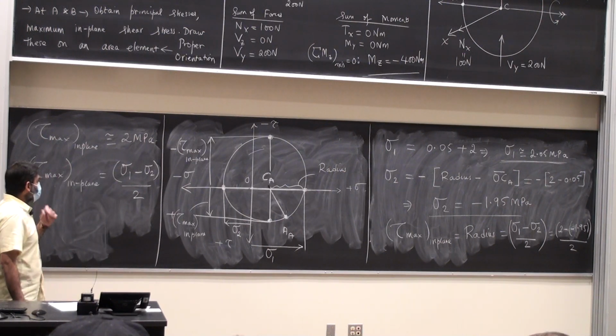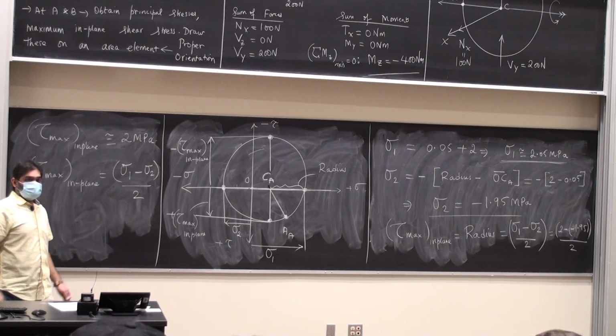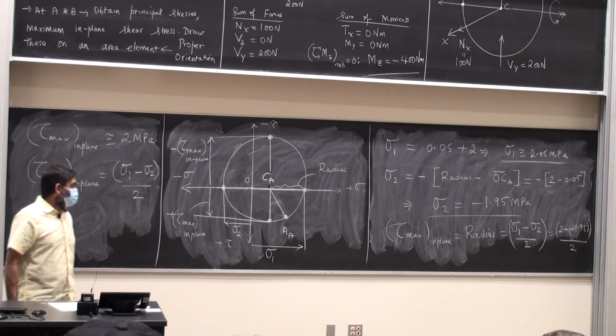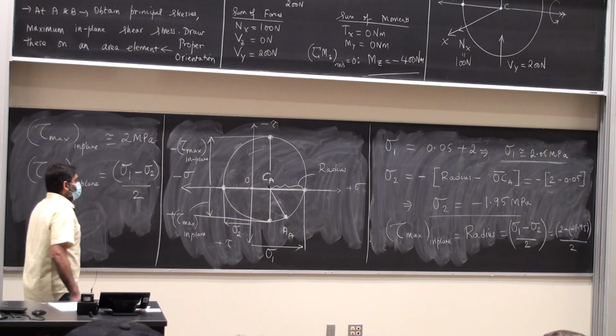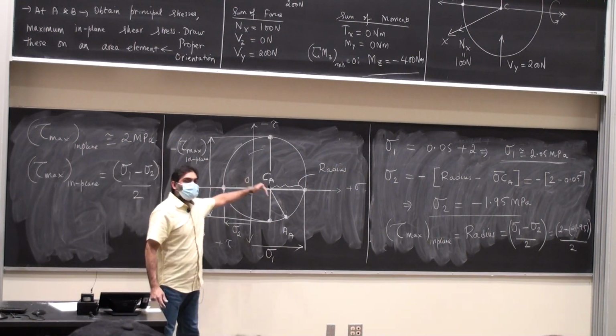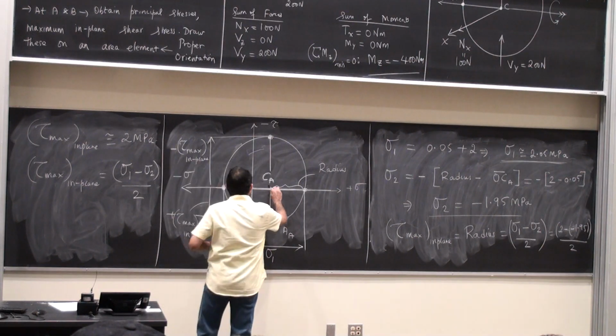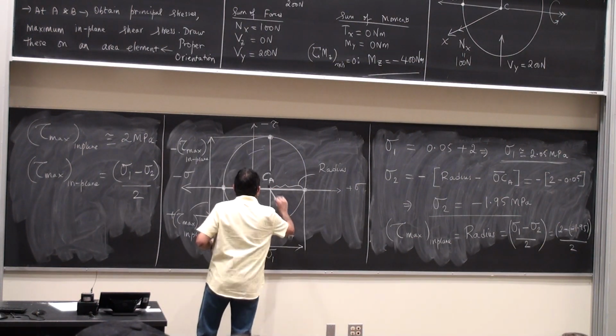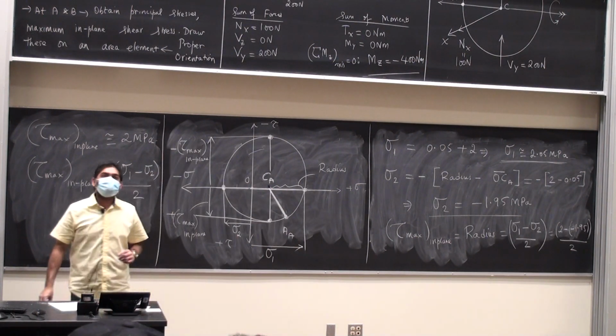Now, I need to draw the orientation, right? So that's the more important thing here. The reference line for me is a line CA. Okay, so this is the reference line.